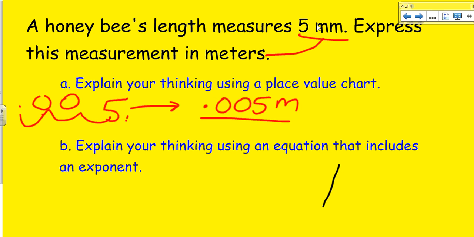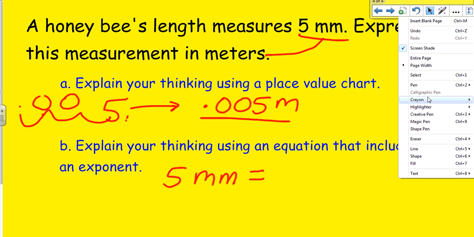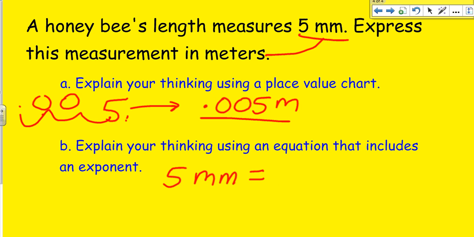Now in this case, I'm trying to take 5 millimeters, and it says to use an equation. So let me just get rid of this here. Say goodbye. And then I'm going to come over here and put blank meters. Now it does say to use an exponent, but in this case, there's a couple ways you could do it.